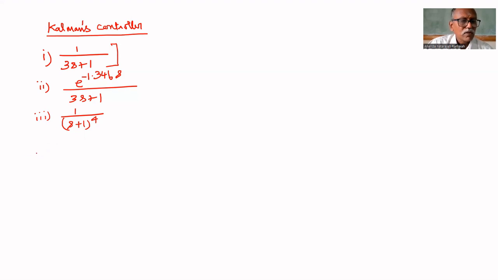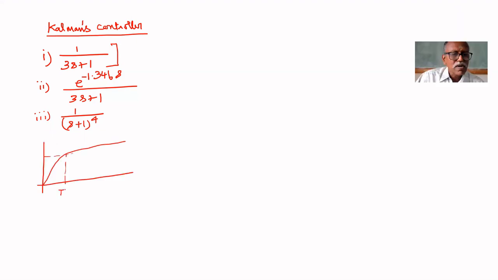Before going for that, what is the assumption made while designing? At t equal to 2, the output is equal to set point. PV equal to set point from the second sampling period.